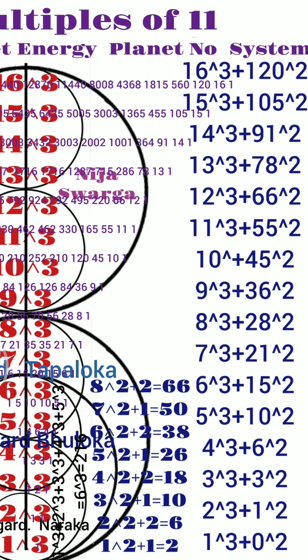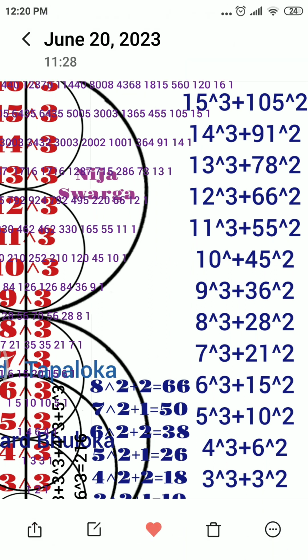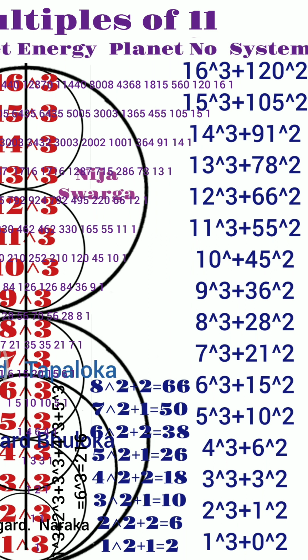These are the totals. You can express each row of Pascal's triangle in a nutshell in this equation. So this is the total energy of the system.